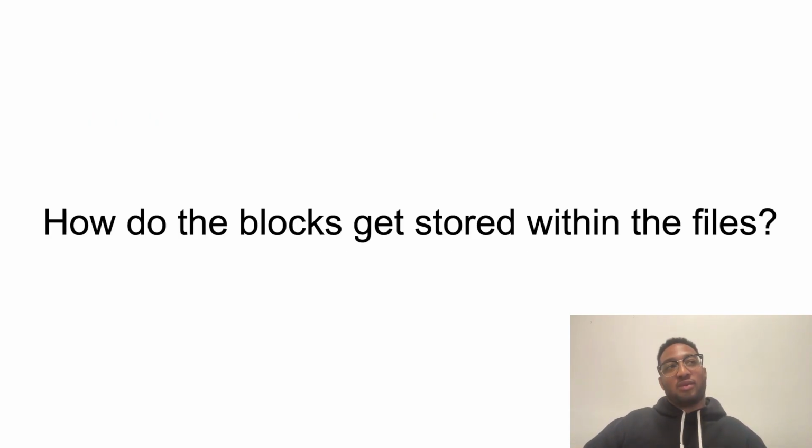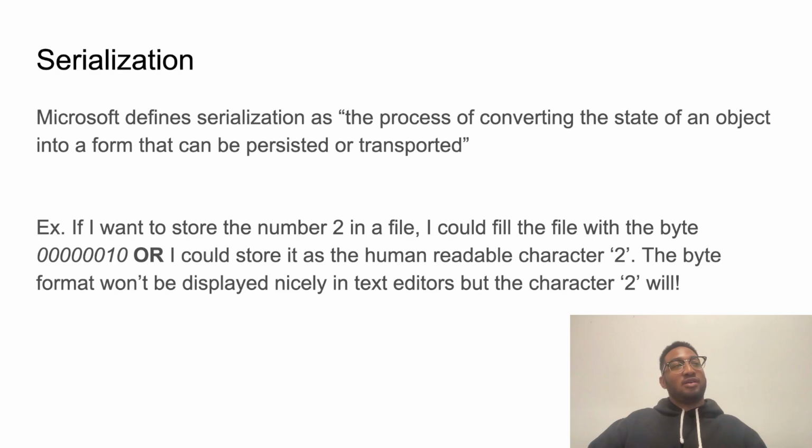How do the blocks get stored within the files? There's something called serialization, and I should have had the other slide after this one. Microsoft had a good definition. It defines serialization as the process of converting the state of an object into a form that can be persisted or transported.